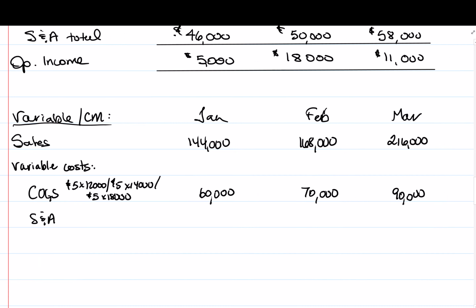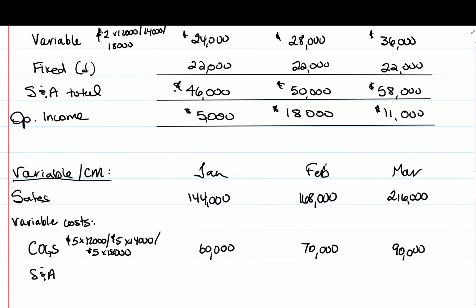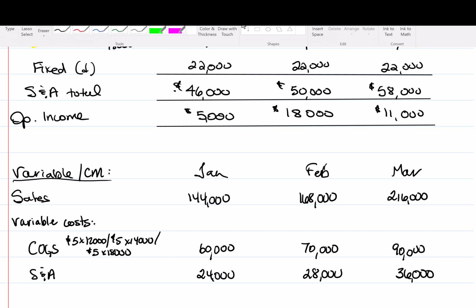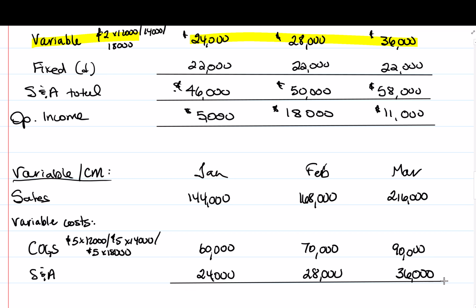Selling and admin variable, you can just pull it from above if you wish, because it should always be exactly the same for both statements, or remultiply it out if you wish, but it is $2 per unit sold. Those are our variable costs.